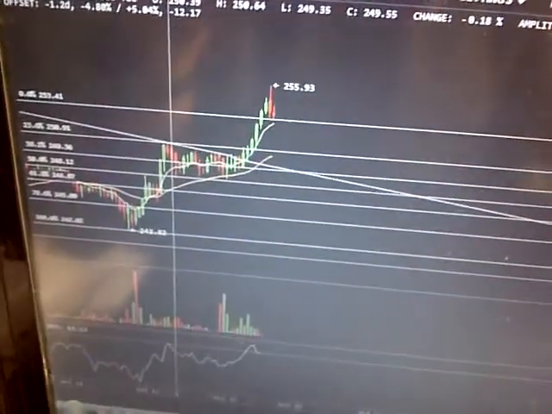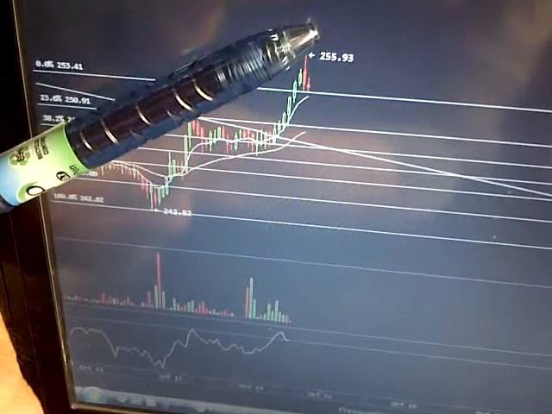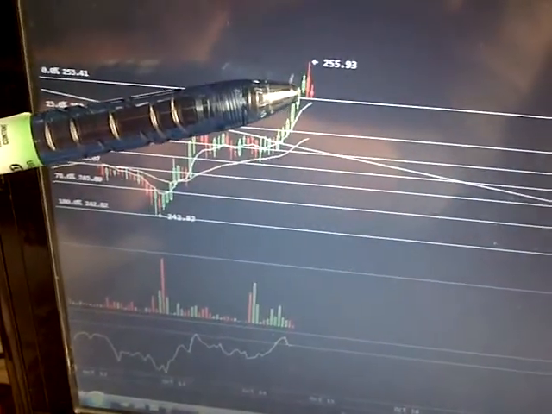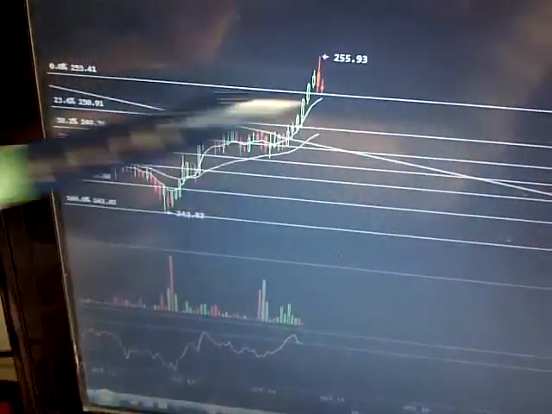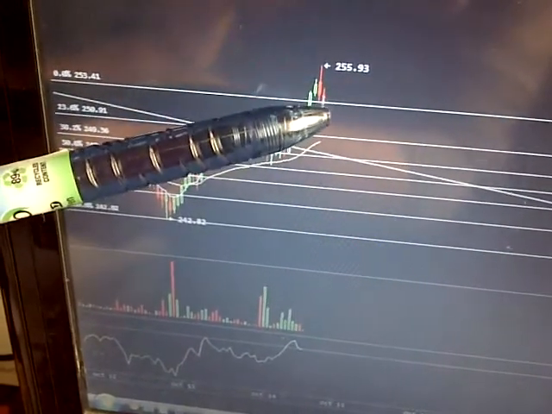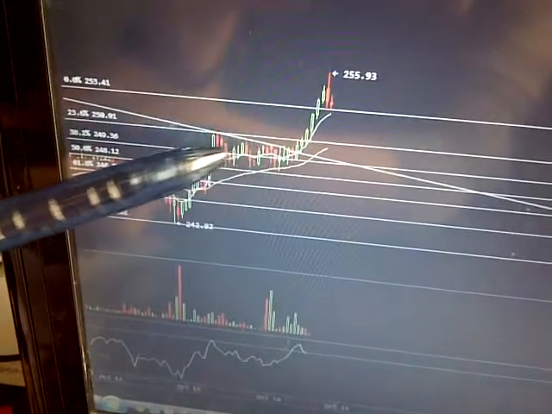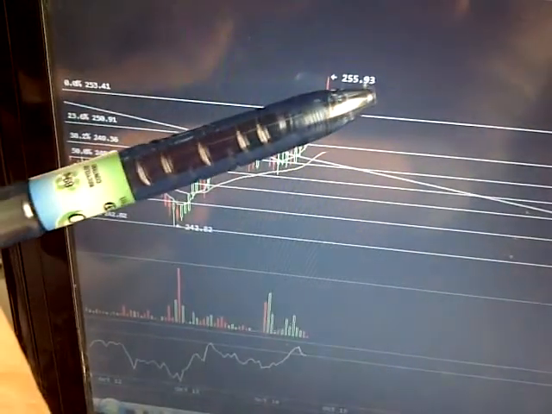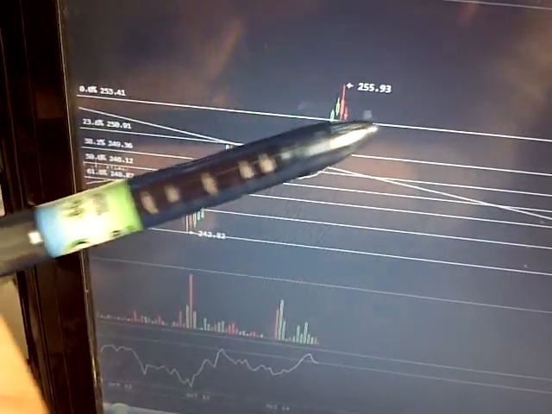Now, if you see a channel like this, an upward channel, and the price breaks above this channel, like this, okay.